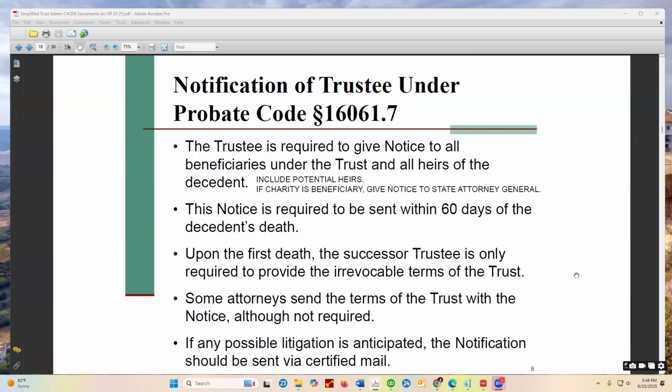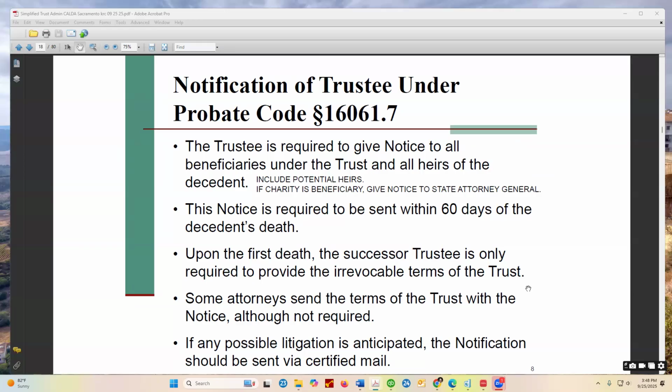There's a required notice when a trust becomes irrevocable on death, non-changeable. And that is what we call in the office a 16061.7 notice. And it must be sent within 60 days of death.